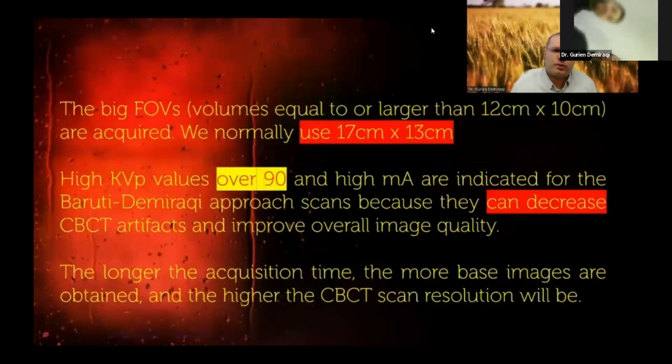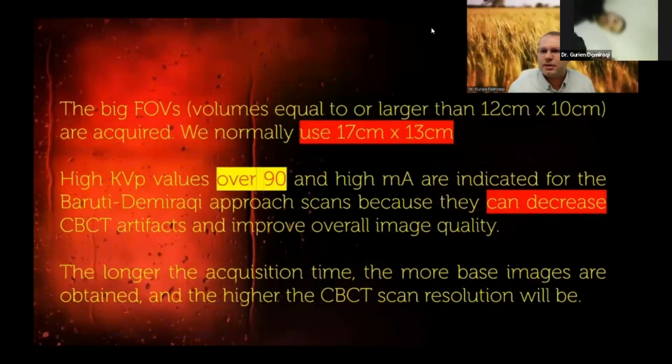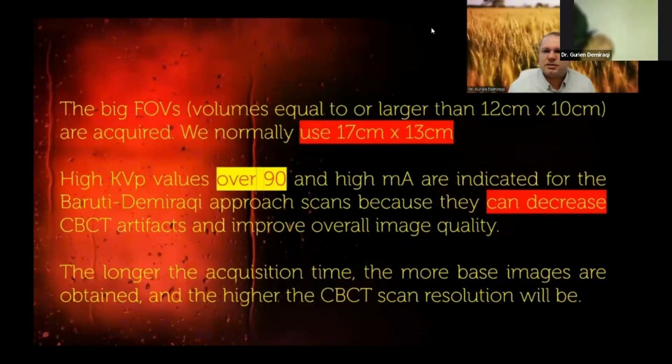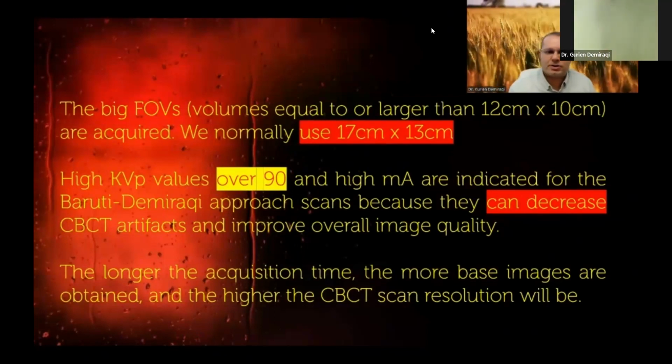A big field of view is a must in our approach. We normally use 17 by 13 centimeters CBCT, but more than 12 by 10 is a must if you want to see hard and soft tissues in our field of view, but also in the nearby situation.